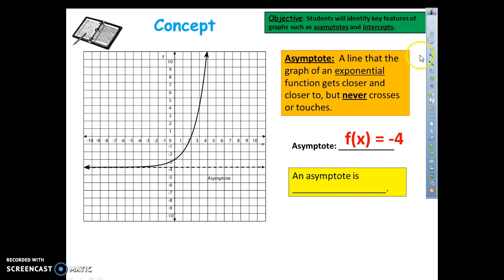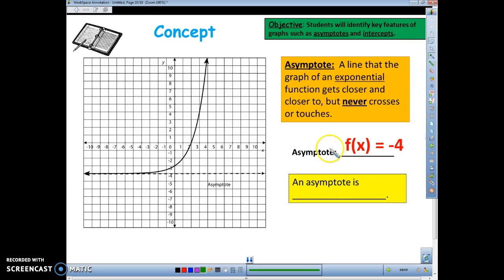And here in this example, the asymptote is f of x equals negative 4, because the y value for this line is negative 4. Again, an asymptote is a line that an exponential function gets really, really close to, but it never crosses or touches.